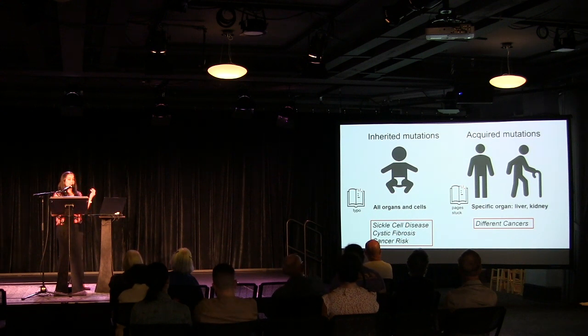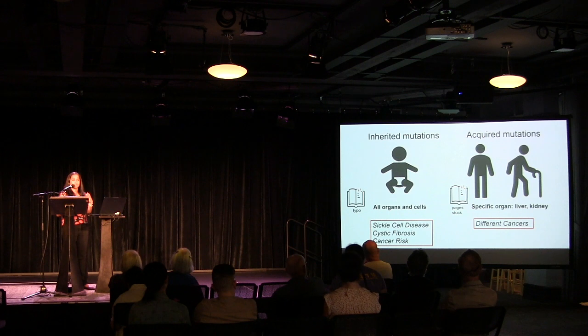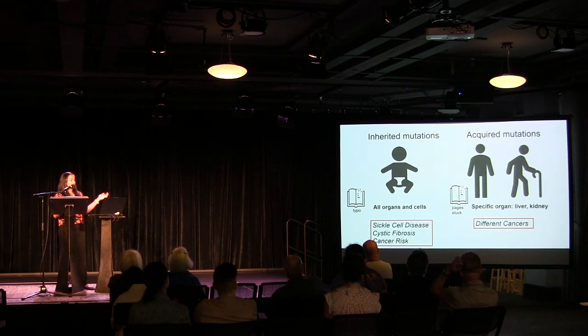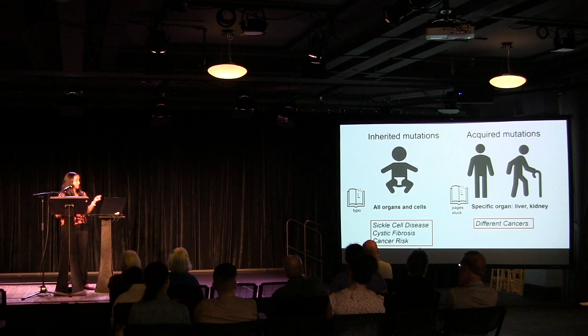Examples of some diseases which are caused by inherited mutations are cystic fibrosis, sickle cell disease, and also a risk of cancer. On the other hand, acquired mutations typically cause different cancers in different organs of our body. So you may notice here that cancer is caused by both inherited and acquired mutations.